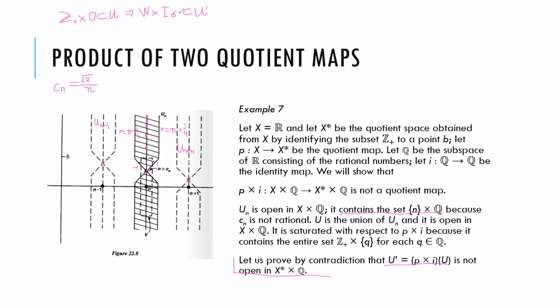Okay, so W would be a neighborhood of 0, and I delta would consist of all rational numbers y where the absolute value of y is less than delta.